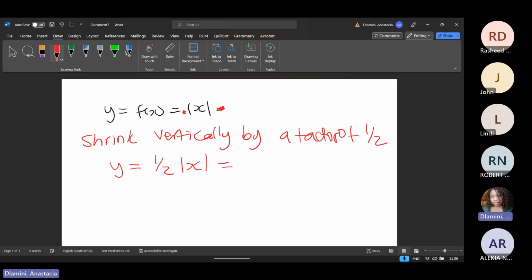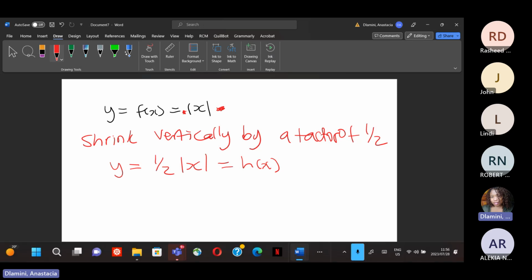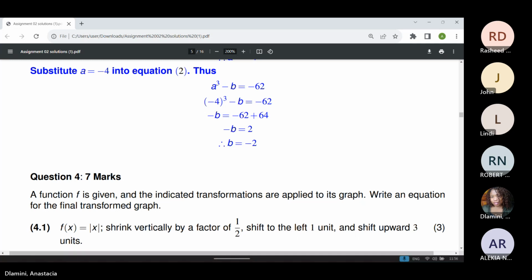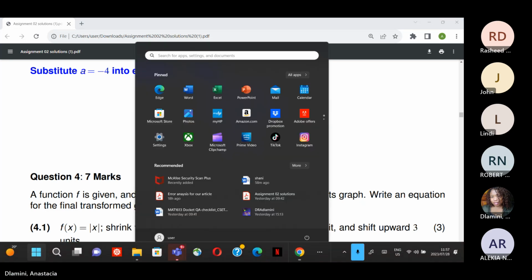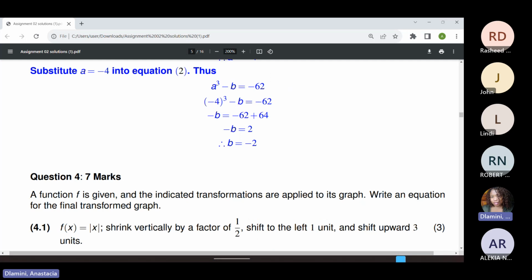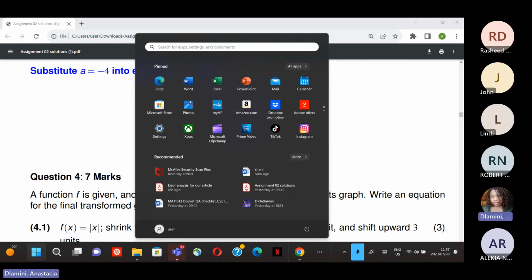So let's call this h of x, right? Now the second step was we shift to the left 1 unit, right? So remember what we said from the previous discussion class.